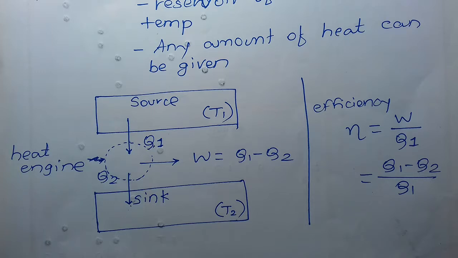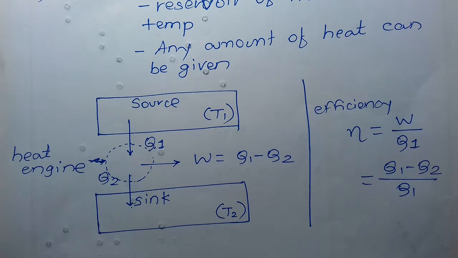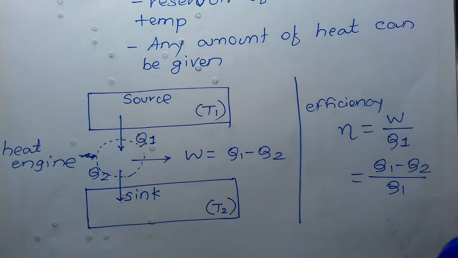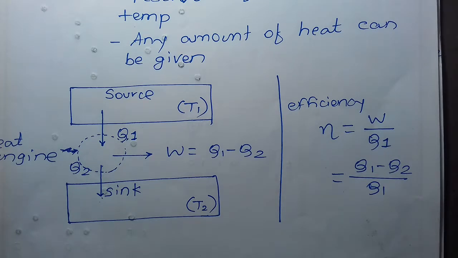It loses some energy through radiation, convection, conduction. That lost heat is Q2, and remaining heat is used to take vehicle from one place to another. That is work done, Q1 minus Q2. Efficiency is work done upon Q1, heat provided. Efficiency is Q1 minus Q2 upon Q1.